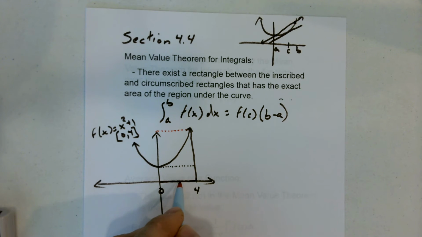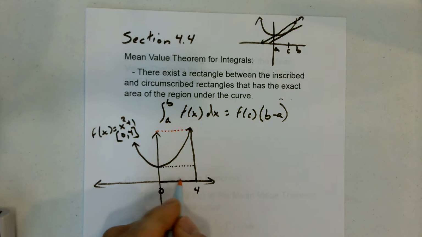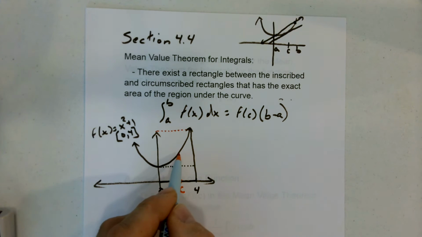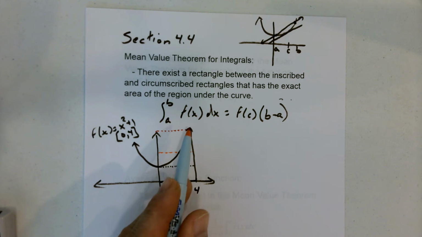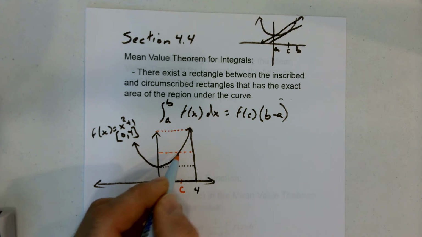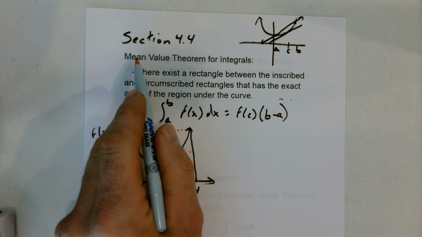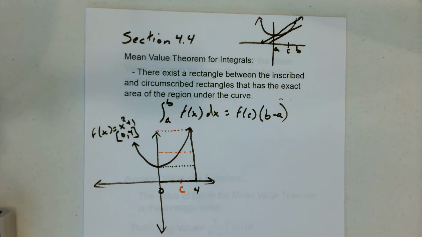We know that there's some c value in between a and b. There's some c value in here, so if we found the area of this box, then we would have the area of this region under this curve. We also call this the average value theorem. Mean, average, yes. So average value theorem, mean value theorem, they're going to go very closely with each other here.